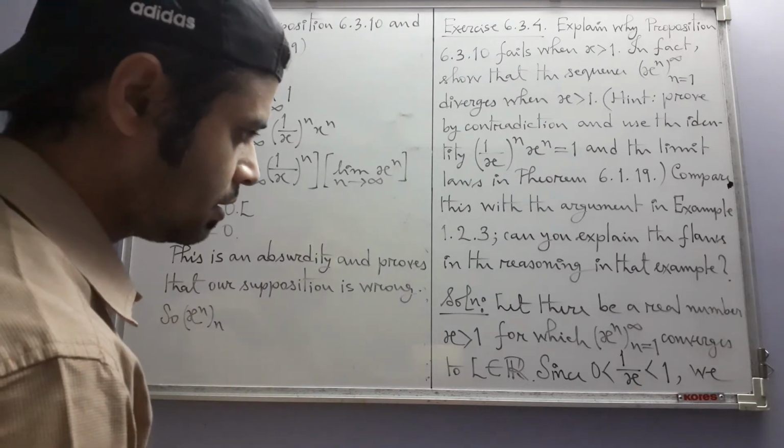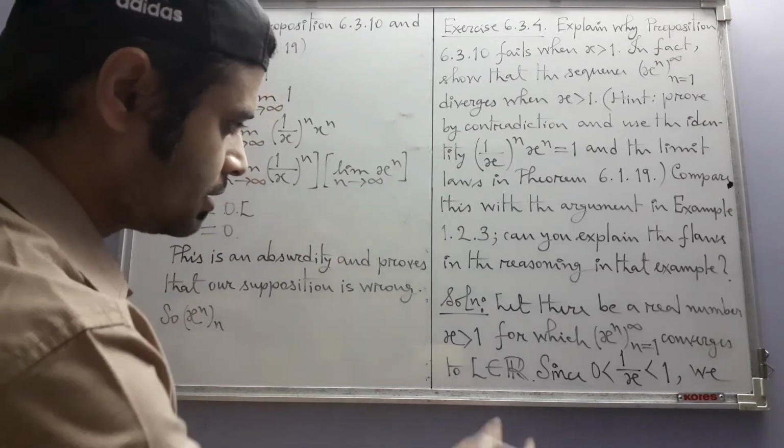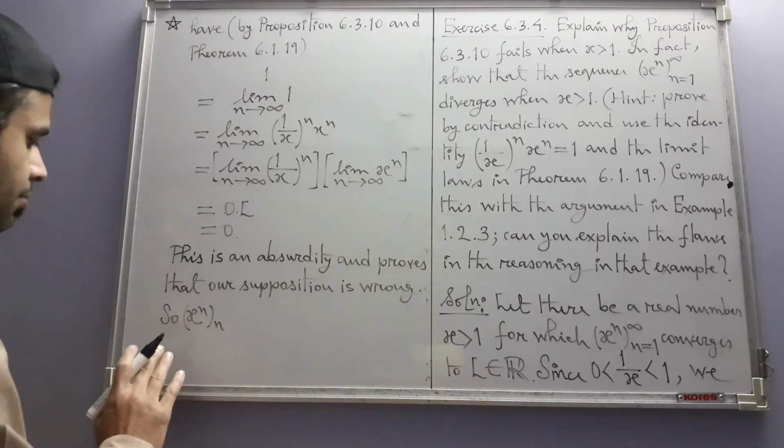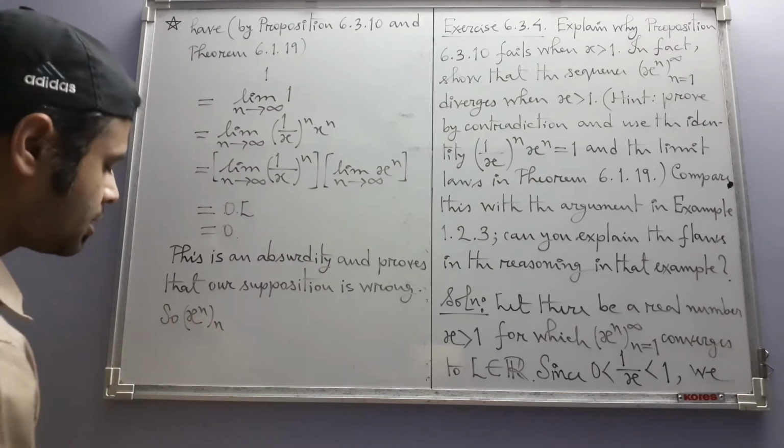Our supposition was: let there be a real number for which these things happen. So that means there is no such real number.